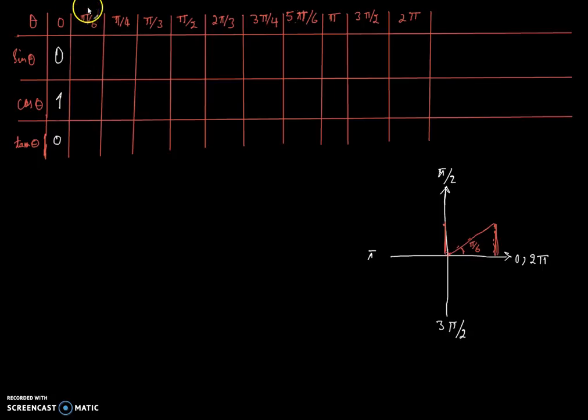Now pi by 6 is 30 degrees, as we mentioned. Sine pi by 6 is 1 by 2, or 0.5, and cos pi by 6 is root 3 by 2. So tan pi by 6 is 1 by 2 divided by root 3 by 2, which is 1 by root 3.